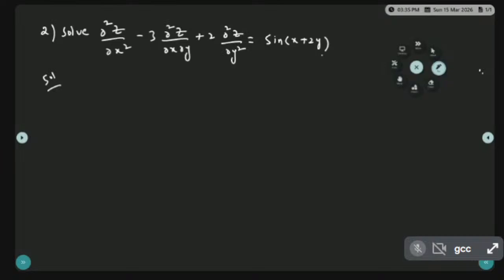Now at least tell me what is the auxiliary equation? M square minus 3m plus 2 equal to 0. M equal to 1 comma 2. Right. Correct. M equal to, right.